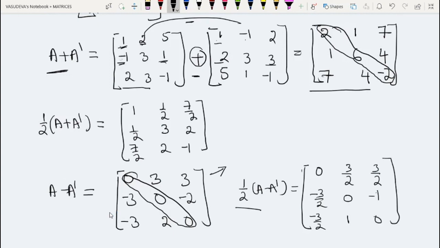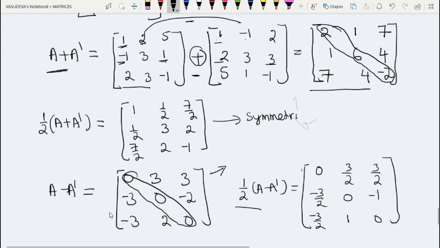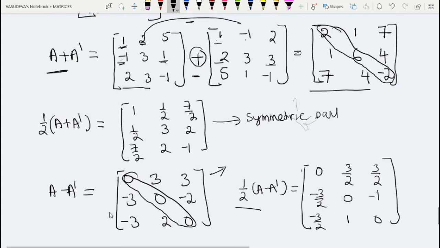So now this is the symmetric part of the matrix A, and this is the skew symmetric part of the matrix.